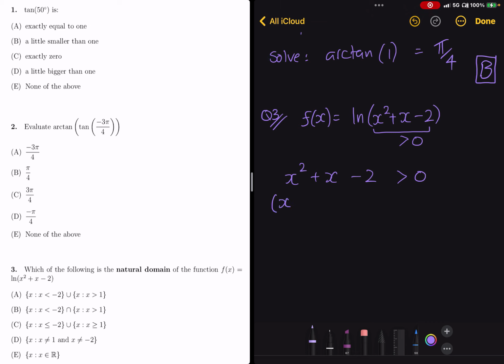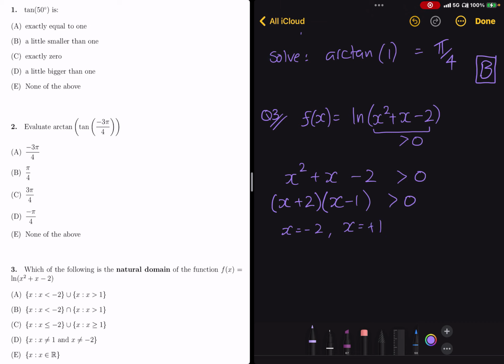So we'll factorize this because it's easier. Two numbers that add to make plus 1 and multiply to make minus 2. That's going to be plus 2 and minus 1. So x plus 2, x minus 1 is greater than 0. So these roots occur when x is minus 2 and when x is plus 1.